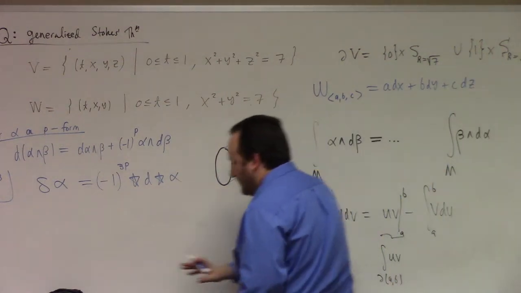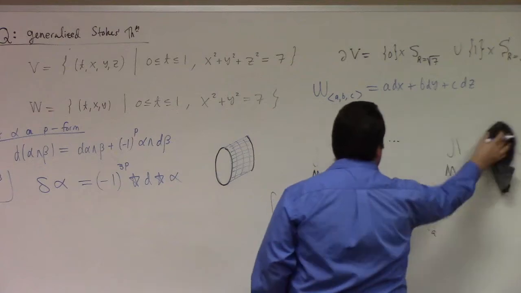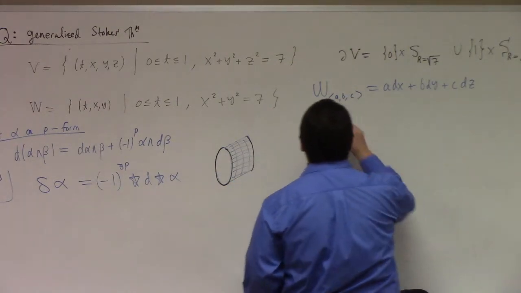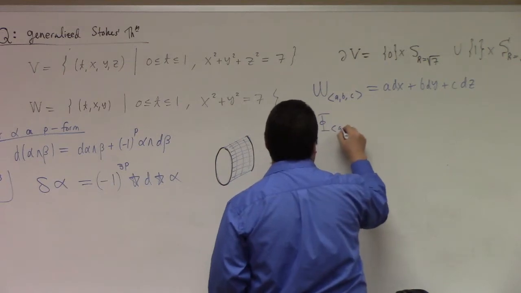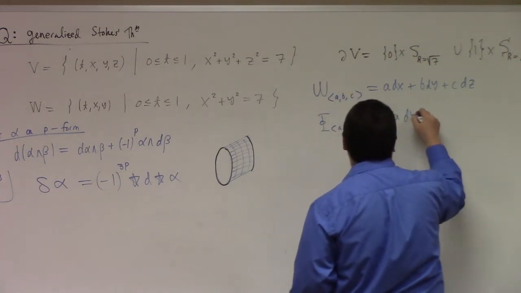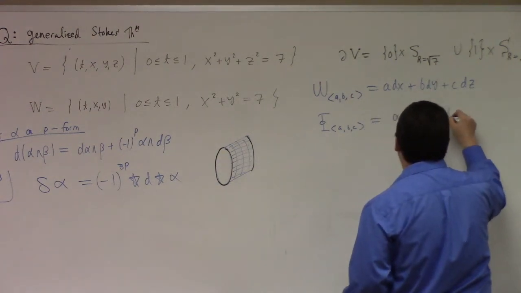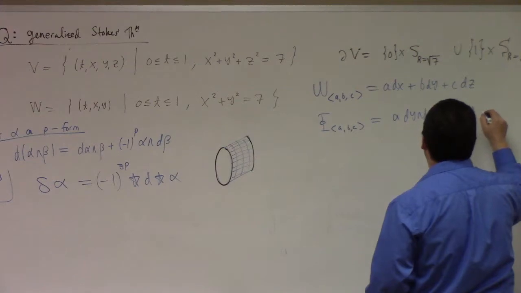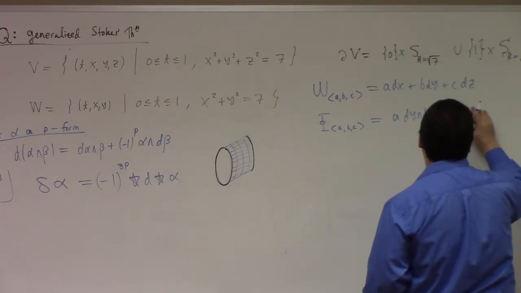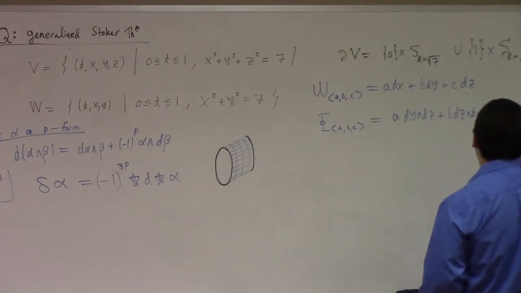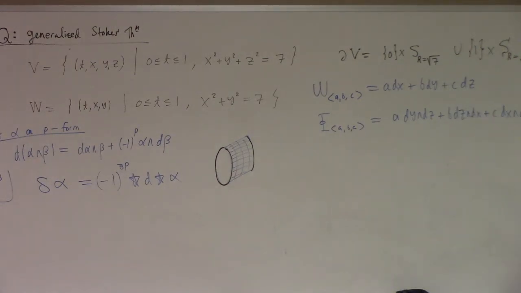And the flux form of the vector field ABC is A dy wedge dz plus B dz wedge dx plus C dx wedge dy. So that's the work form, and that's the flux form.